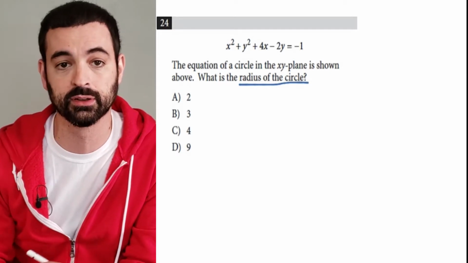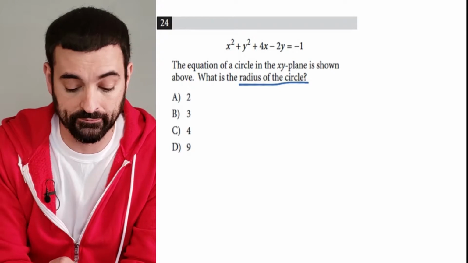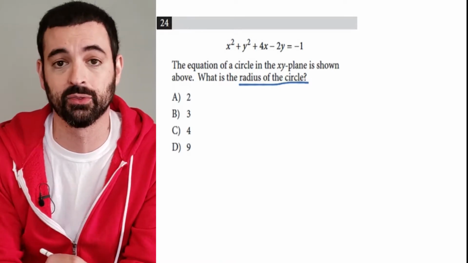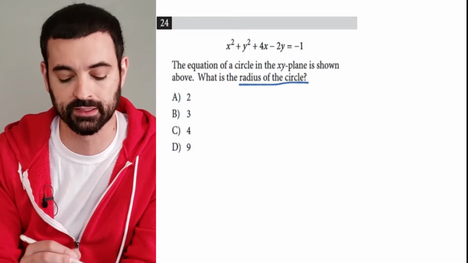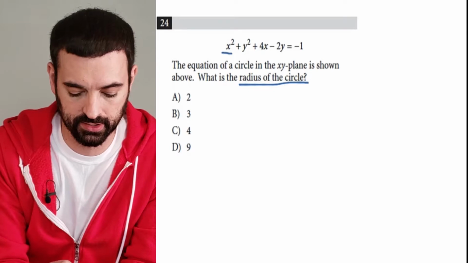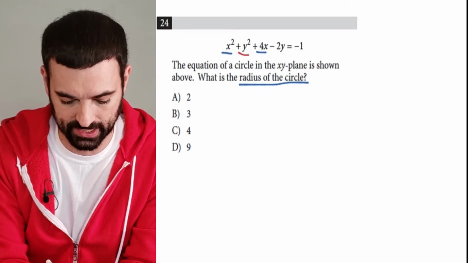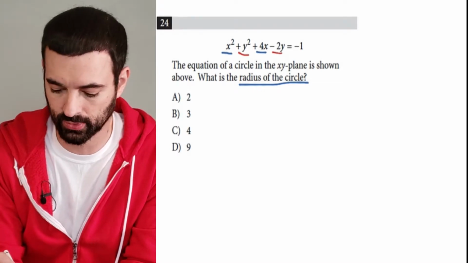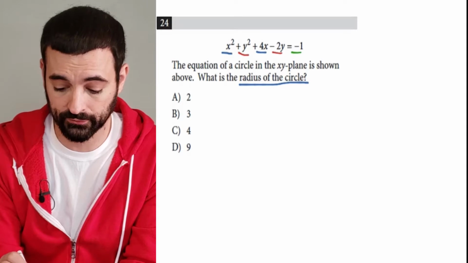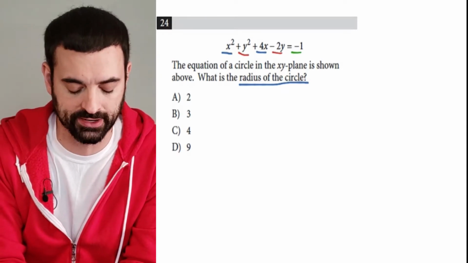So again, we're going to fall back on our equation, but first we need to group our terms so that we can put them into the equation in question. So we've got x squared and 4x, we've got y squared, negative 2y, we've got negative 1 over here. The first thing I need to do is group my x terms and group my y terms.